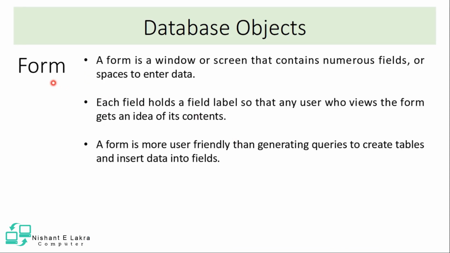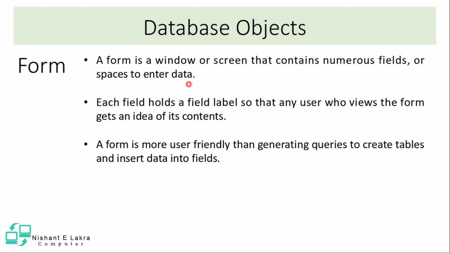The next type of database object is form. A form looks like a window. It looks like a screen that contains many fields, or it may contain spaces to enter data.